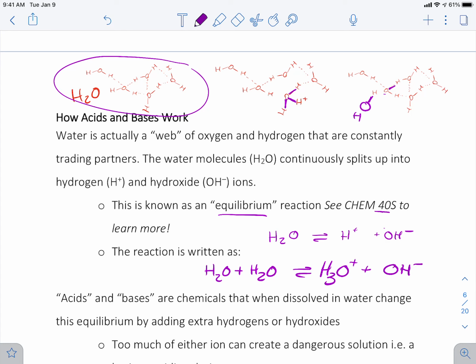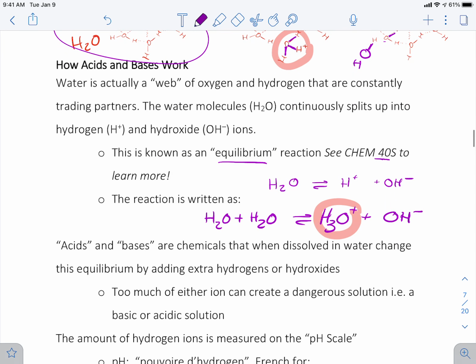In both cases, the system stays neutral. It's just that this is more true because look at how the hydrogen is incorporated here. The hydrogen doesn't actually float around by itself. It tries to find a partner. So that's a better way of representing it.